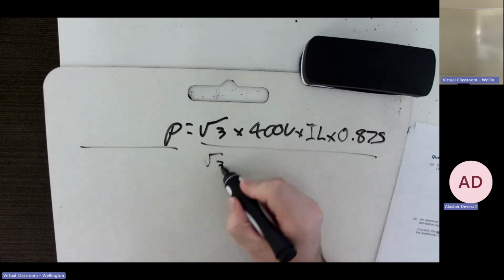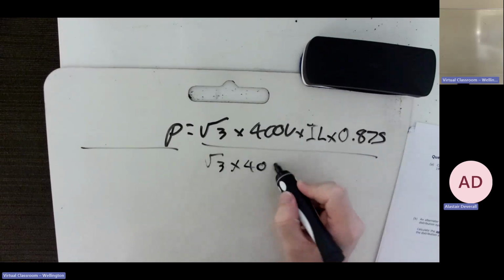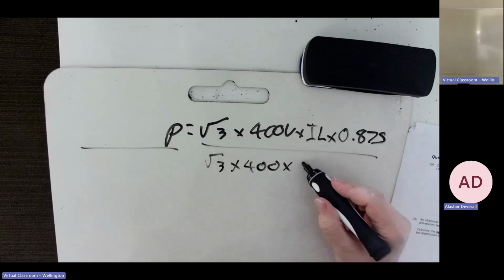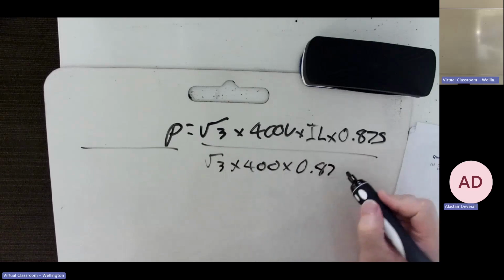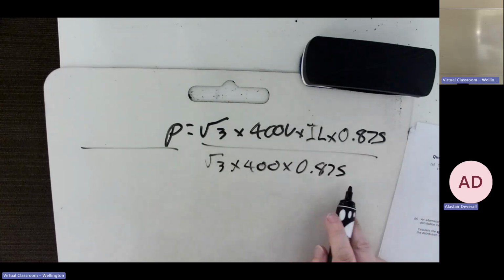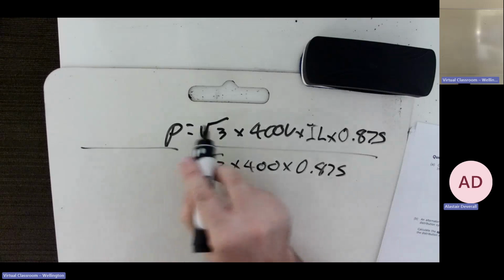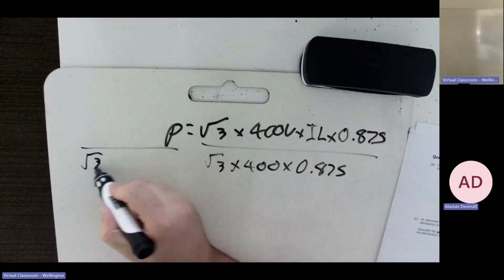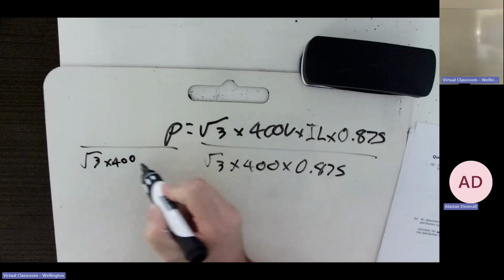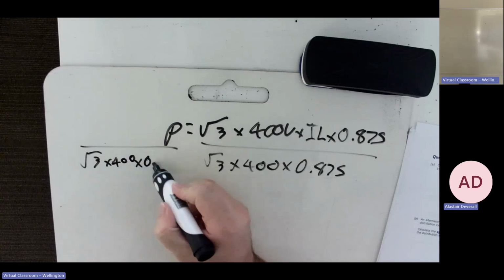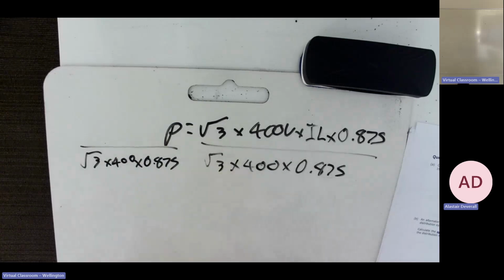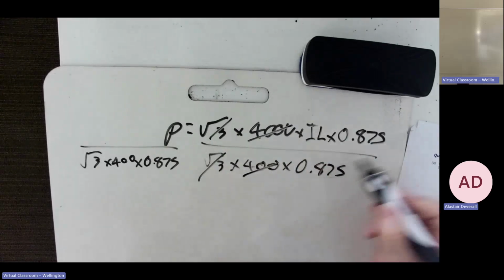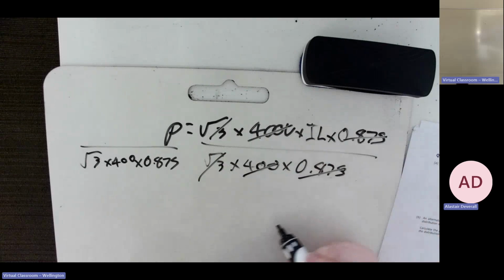So we divide by the square root of 3 times 400 times 0.875. Whatever we do to one side, we have to do to the other side of the equal sign. So √3 times 400 times 0.875. Now, square roots cancel, 400 volts cancel, the 0.875s cancel.